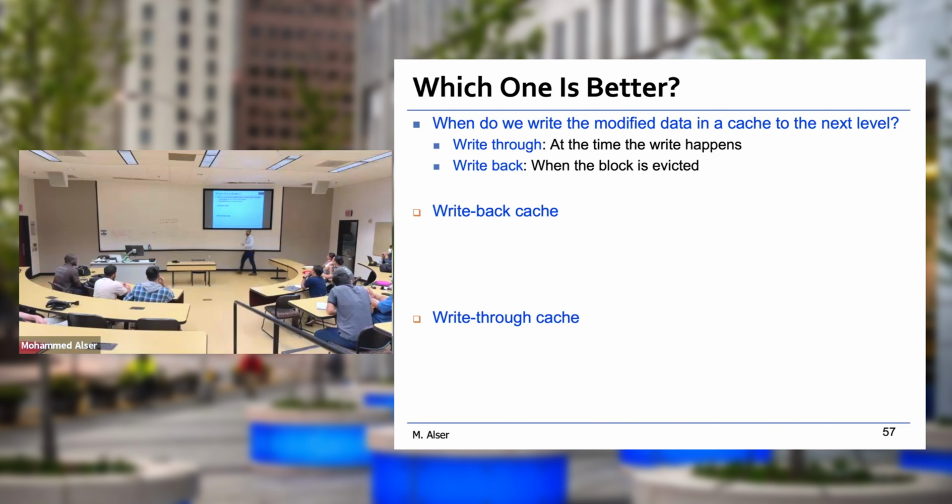There are a lot of cores in the CPU, and the L1 cache is dedicated to each core. Each core has its own L1 next to it. Now, with this additional piece of information, what is the problem with write back? Remember, with write back, you keep it in the L1 cache.